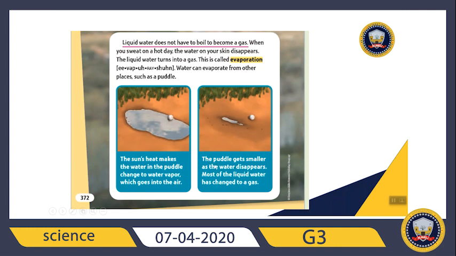In this picture, the puddle gets smaller as the water disappears. Why is this happening? Because most of the liquid water has changed to a gas, and some of it has been absorbed into the ground.